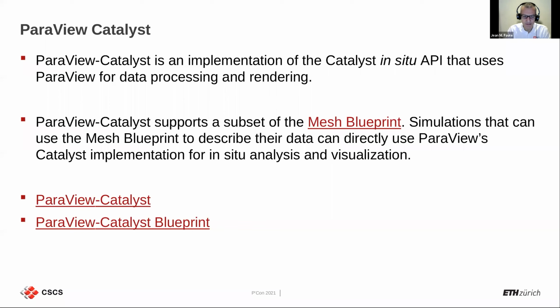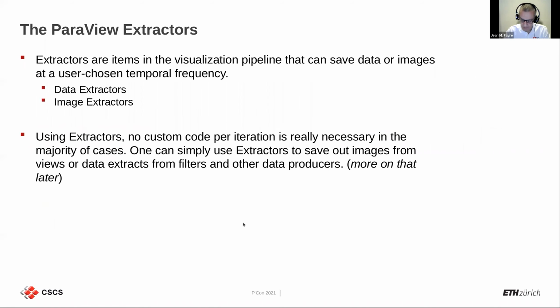We need to be able to tell Catalyst where to find the shared library for the Catalyst implementation, where to find Python scripts to load, and this is implemented with the ParaView-Catalyst blueprint. But we shouldn't be afraid of that. You'll see again that it's just a couple of keywords here and there.